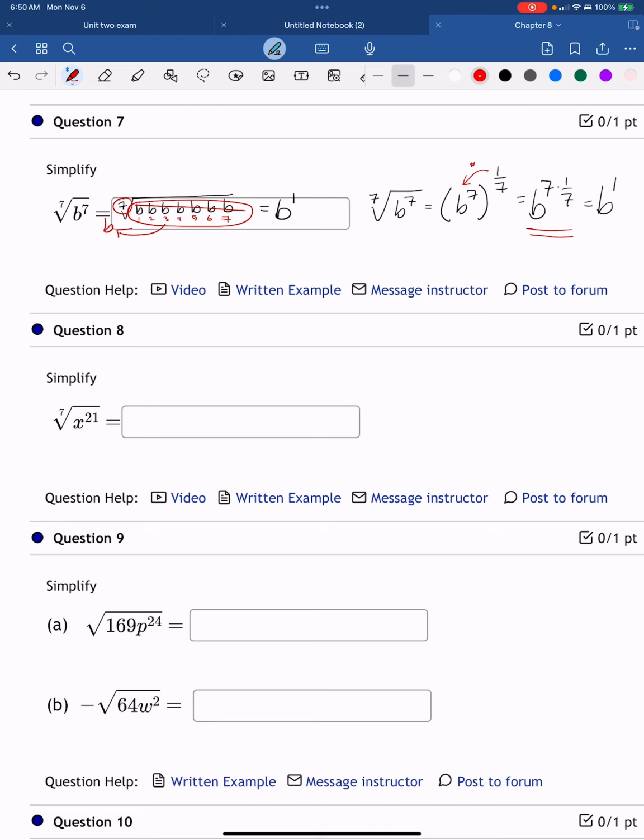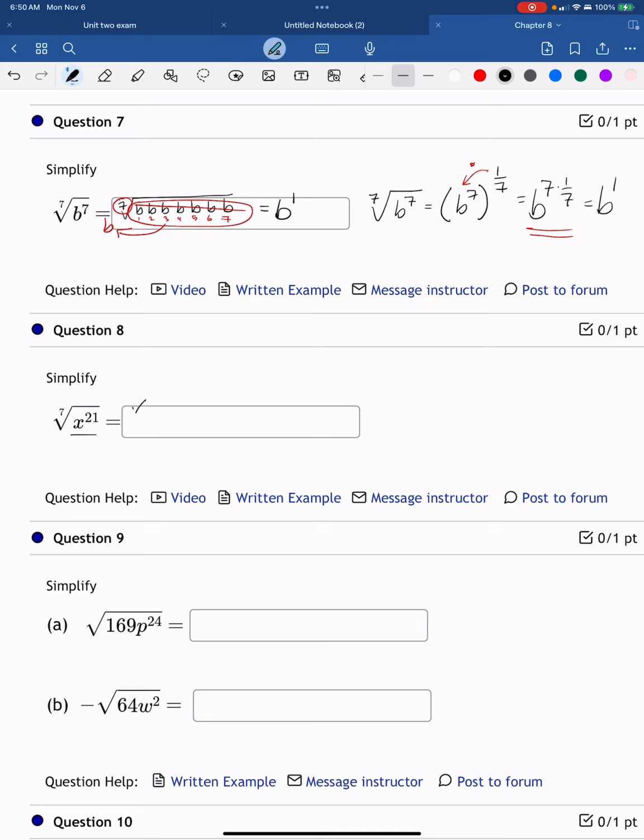Especially with this next one, I'm going to do method 2 because I do not want to draw 21 X's. You could, but I don't even want to draw them.